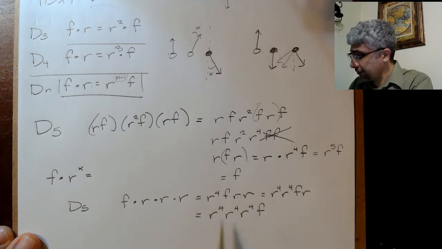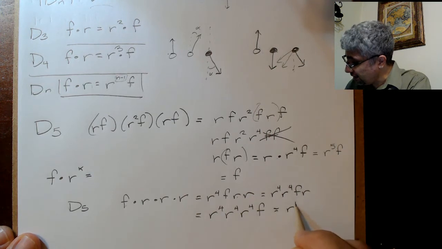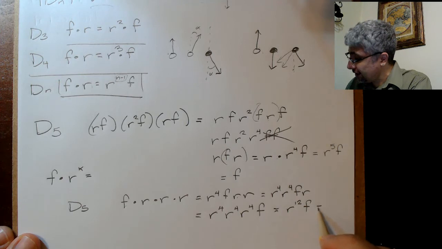Well, now I have to do this. That's going to be 12. But 5 is the identity, so that's like r squared f.